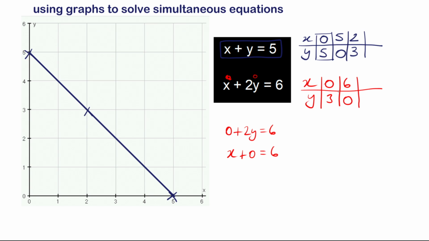Now we can try some more, but actually there's only 2 we need. So when the equations are written like this, it's quite a good idea to choose 0 for x and work out the y, and choose 0 for y and then work out the x, and then you've got 2 coordinates. So we have 0, 3, which is here, and we have 6, 0, which is here.